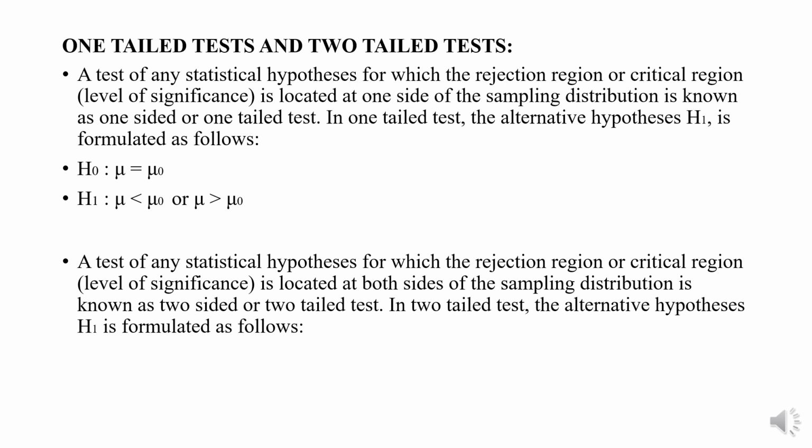So, how can we draw the two-tailed test? This is the diagram of the two-tailed test. We will further simplify it in the next class with the help of an example as well.